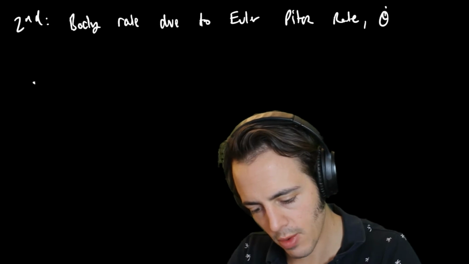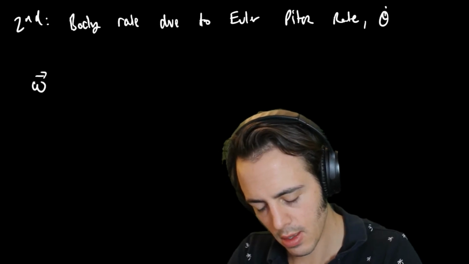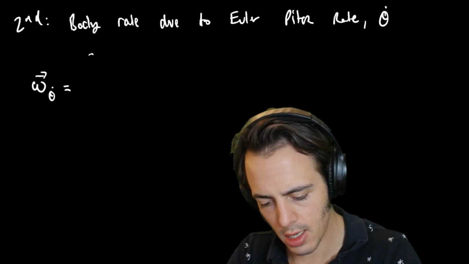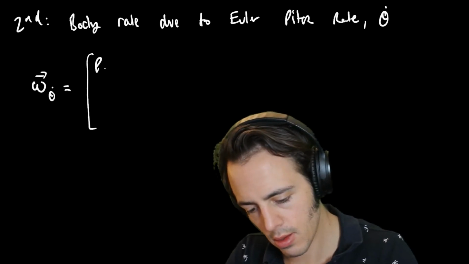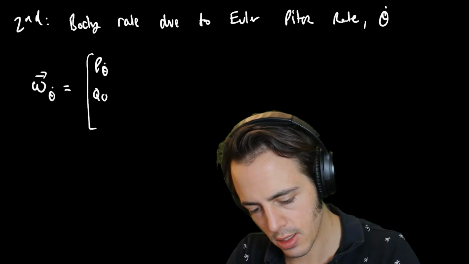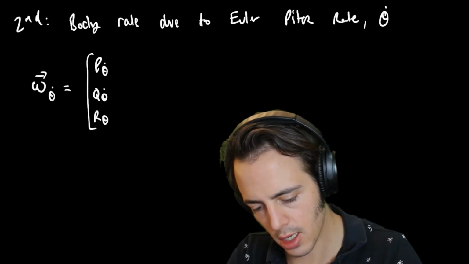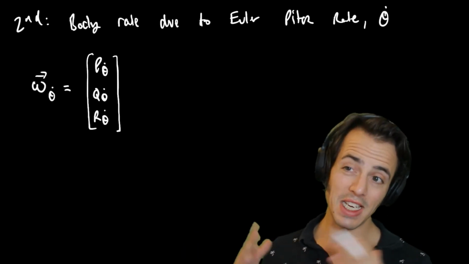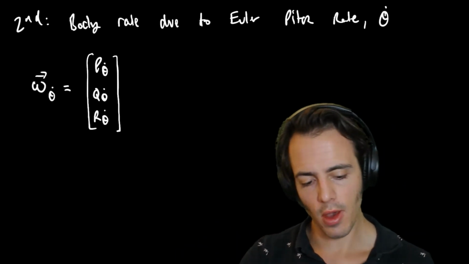So the vector that we want is omega due to theta dot, and we're going to get three components: p theta dot, q theta dot, and r theta dot. So pitch rate is an intermediate one.